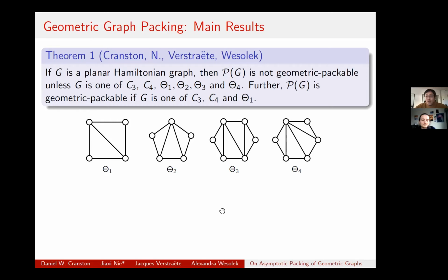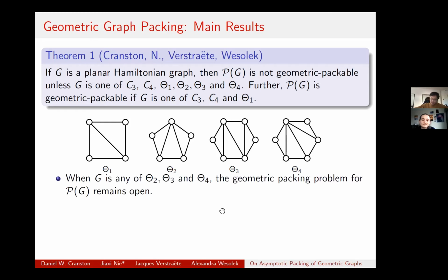And further, we show that P of G is geometric packable if G is the 3 cycle, the 4 cycle, or theta 1, which means C4 with a chord. So this leaves us with 3 open cases. When G is any of theta 2, theta 3, and theta 4, the geometric packing problem for P of G remains open. And we conjecture that they are all geometric packable.